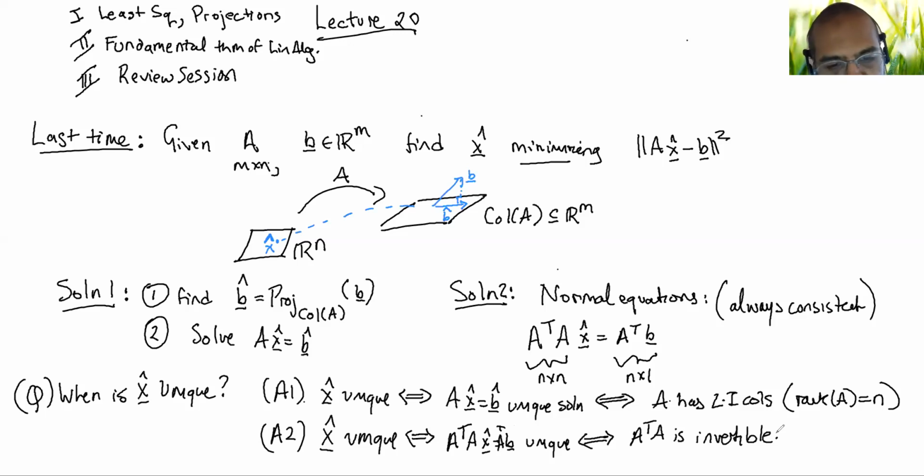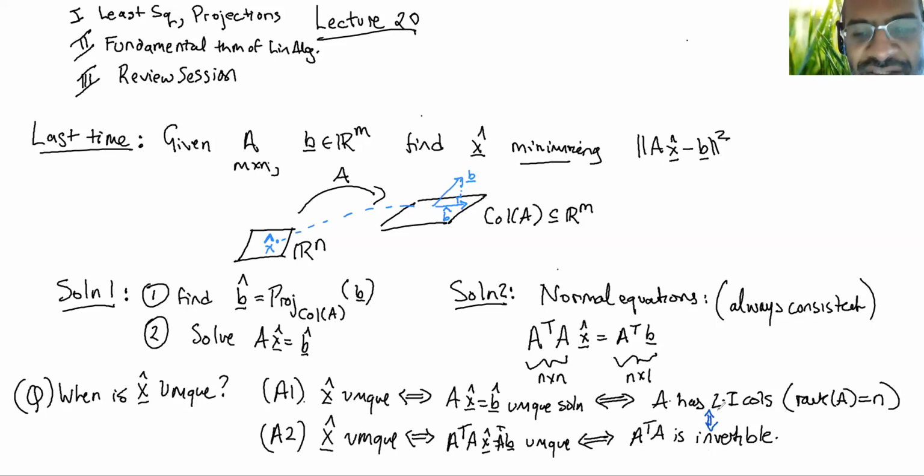Okay. And so since these are two different statements equivalent to the same condition, namely uniqueness of x hat, we actually derived something kind of interesting, which is that these two conditions are also equivalent, right? Because they're both equivalent to x hat being unique. So actually, we derived a pretty interesting fact, which is that A has rank equal to the number of columns if and only if A transpose A is invertible.